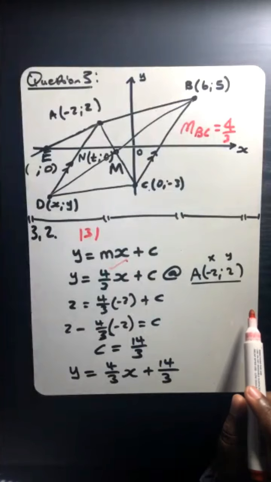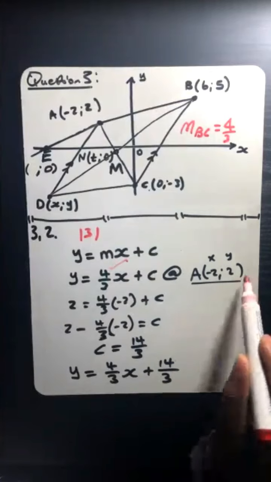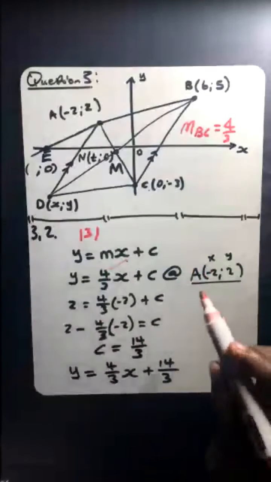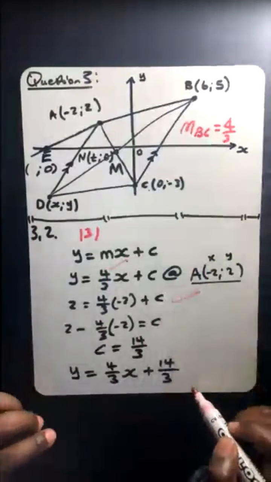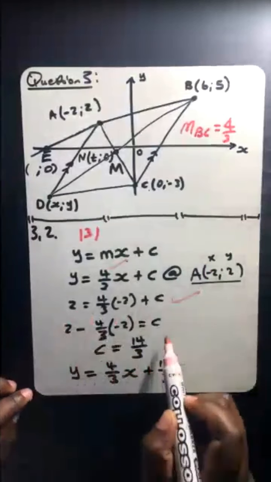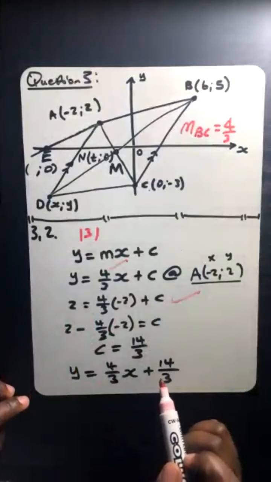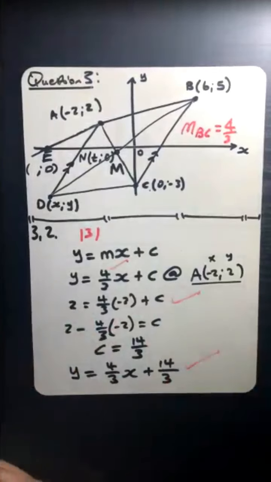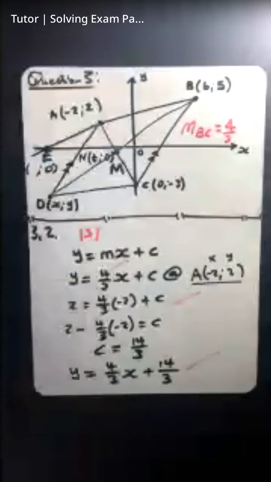And again, I think for you to substitute that into the equation, we also give you a mark over there. But for you to solve for the C value, it's not allocated a mark. You get your last mark on your final answer. So that means, guys, you need to be able to determine an equation of a straight line.